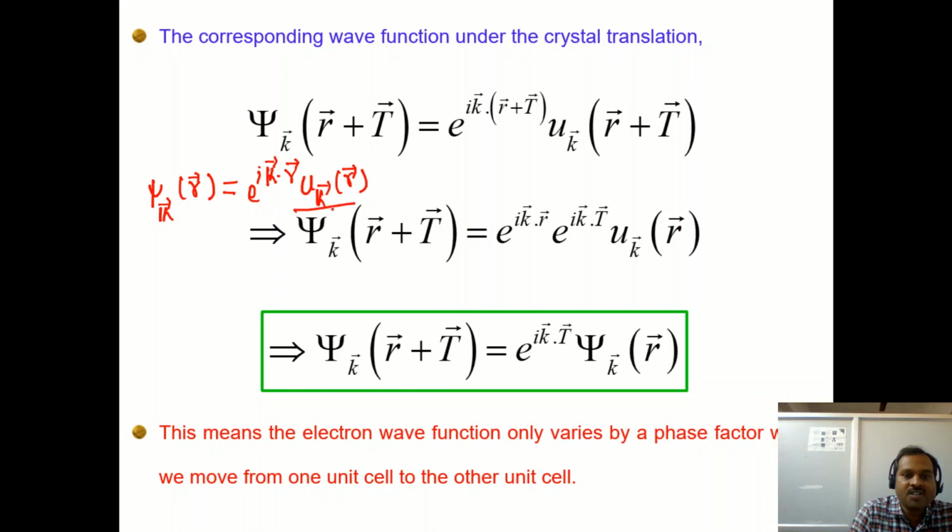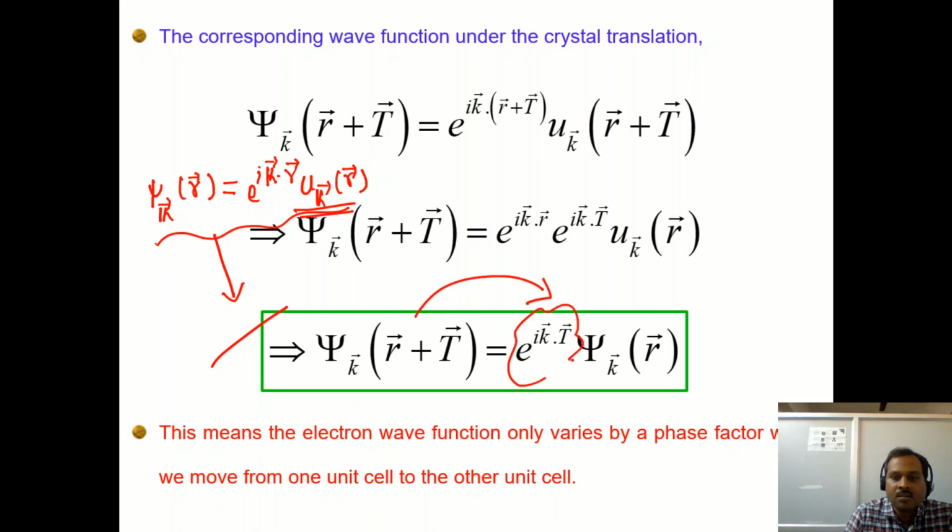This periodic function has the same periodicity as that of the lattice, and by applying this Bloch theorem, we got that when we go from one unit cell to the other unit cell, the Bloch wave function is changed only by one phase factor, that is e^(ik·T).